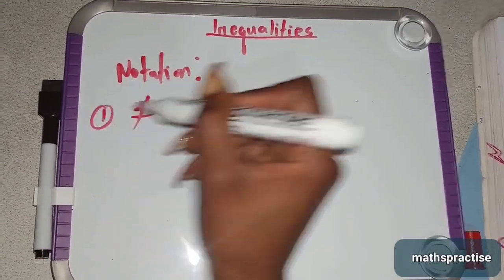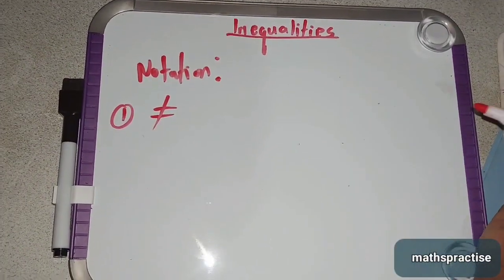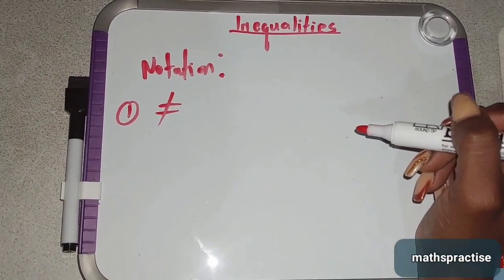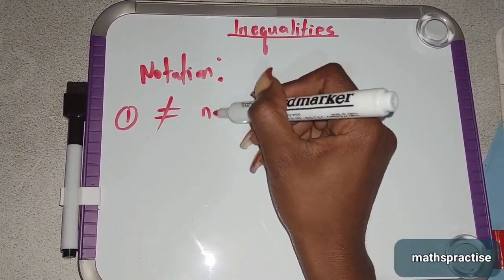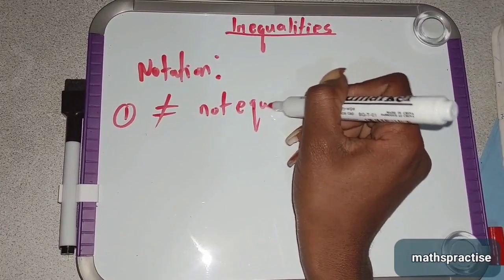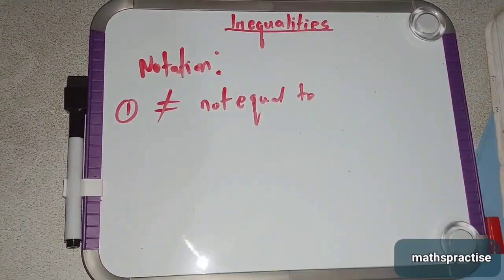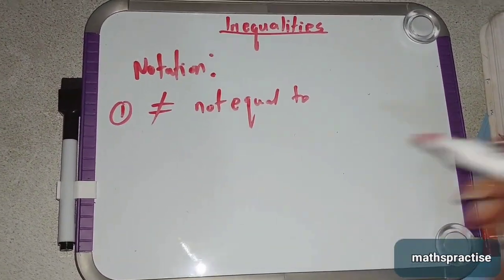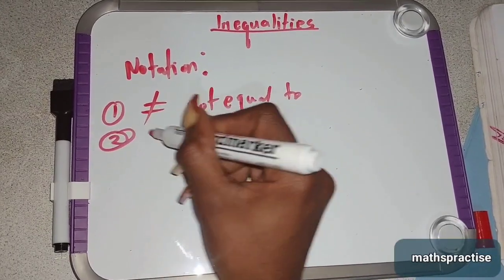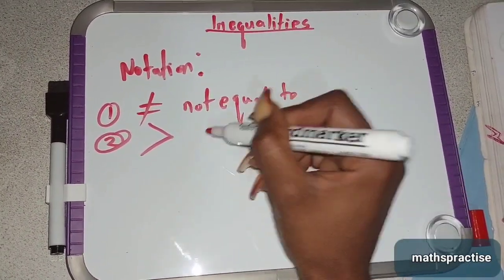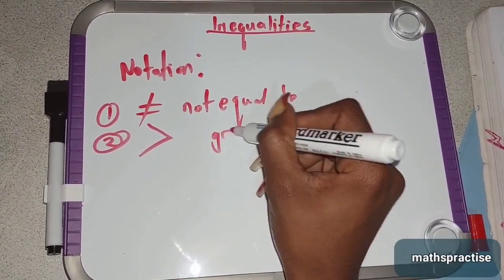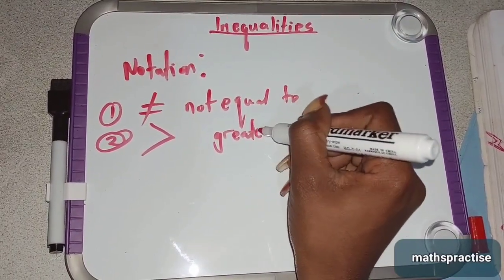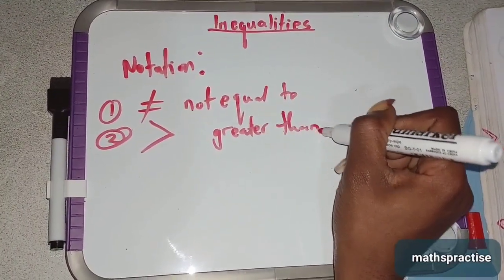This is number one, and that sign simply represents not equal to. And the second symbol that we have is greater than. It's a greater than sign.